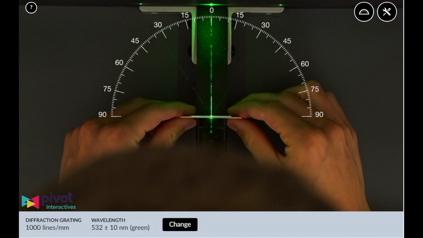When you are placing the protractor, make sure that the center of the protractor sits exactly where the laser branches out. As you can see, you can place the center of the protractor at the diffraction grating.